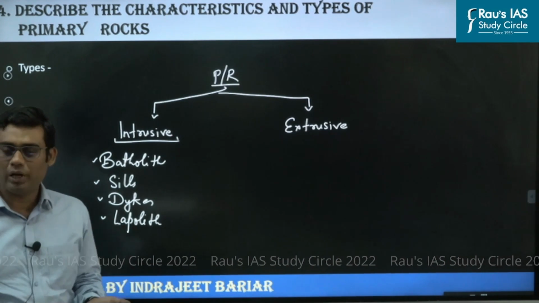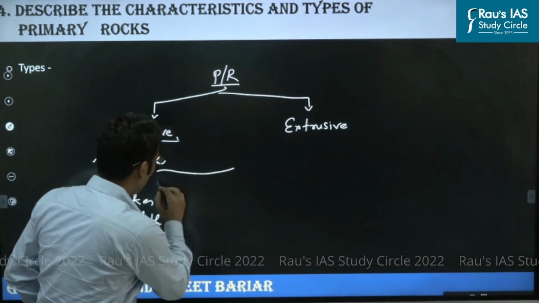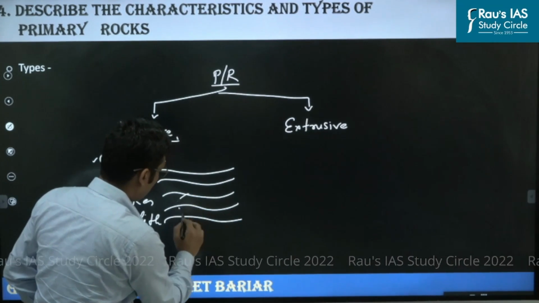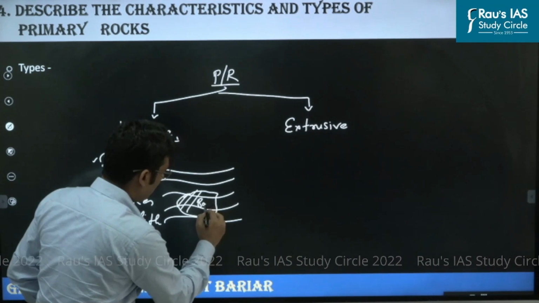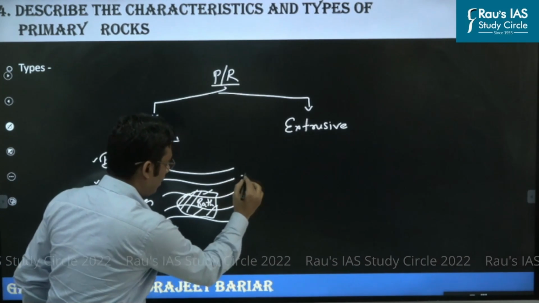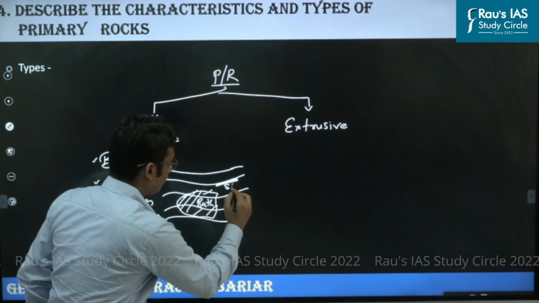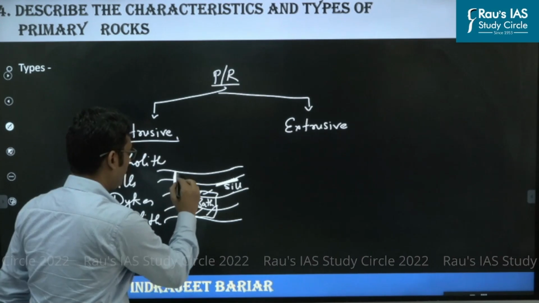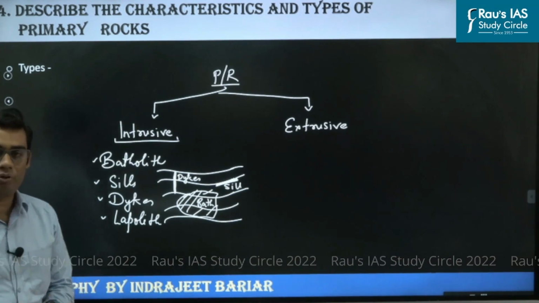And probably we could have drawn a diagram also over here, given the shape of these rocks. Say for example, in this case, the rock, this one, which I can identify as batholith. Similarly, we can have the sill formation, the dikes, and so on. So this type of diagram could have been drawn over here.